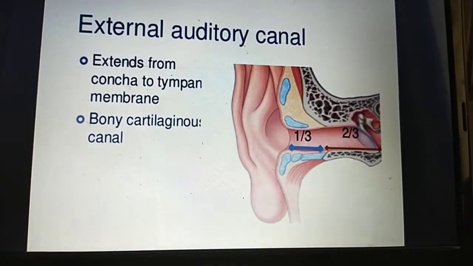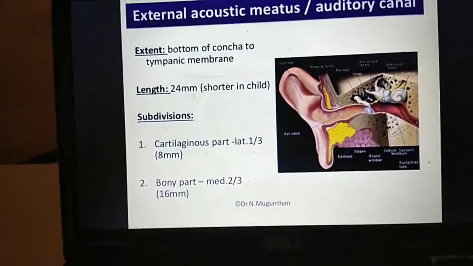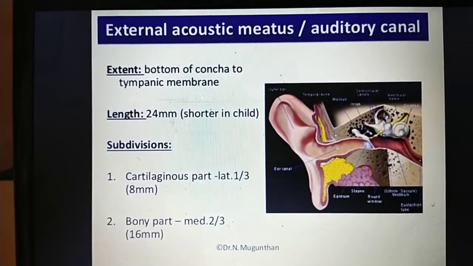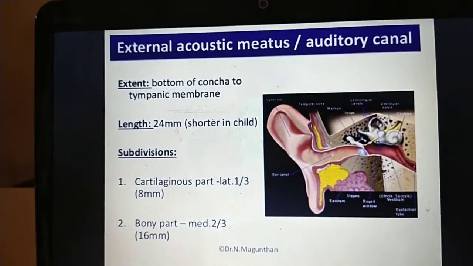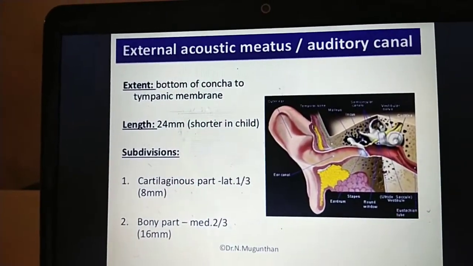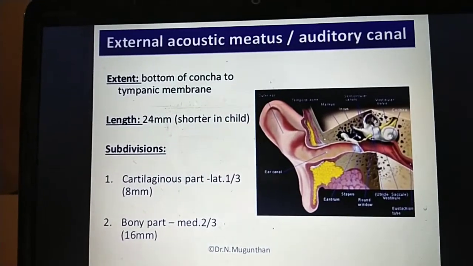Next slide. The external acoustic meatus, or auditory canal, extends from the concha to the tympanic membrane.